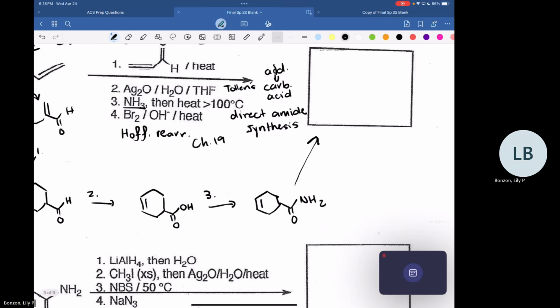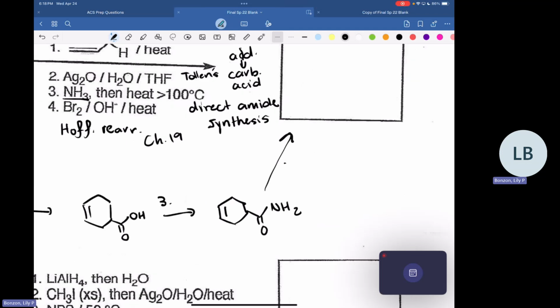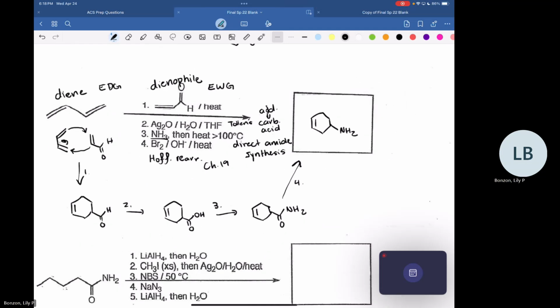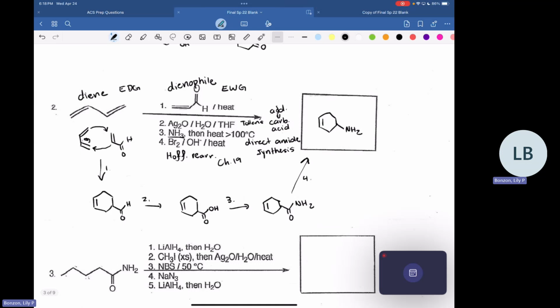And this is going to just get rid of this carbonyl and its carbon, so we're shortening the chain by 1 carbon essentially. That is going to take out the carbonyl, and we're just going to be left with that amine coming straight off of the ring. So that's a pretty interesting reaction. Any questions on this set?